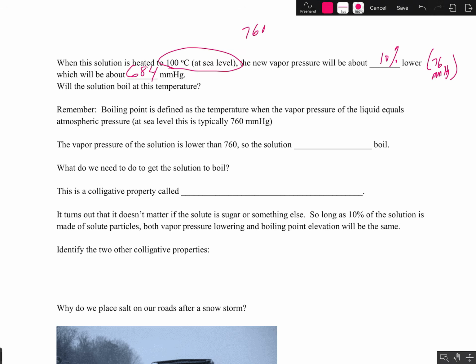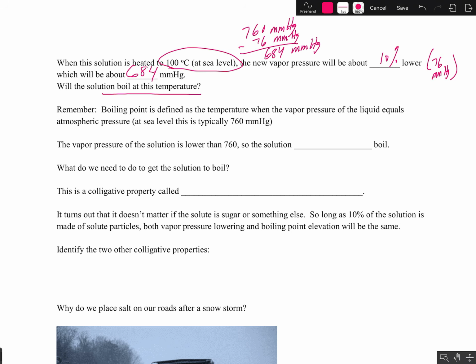Remember, 760 is the vapor pressure of pure water at 100 degrees Celsius. If it's lowered by 10%, 76 millimeters of mercury, doesn't that give us 684 millimeters of mercury now? Yeah, the vapor pressure is quite a bit lower.